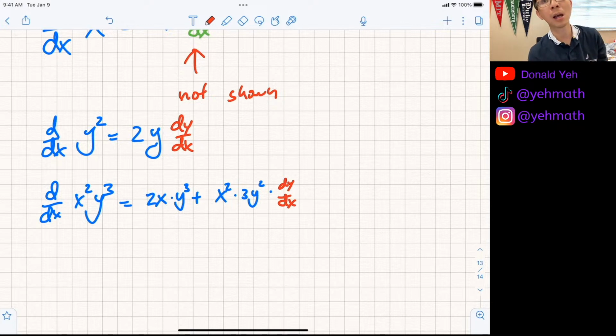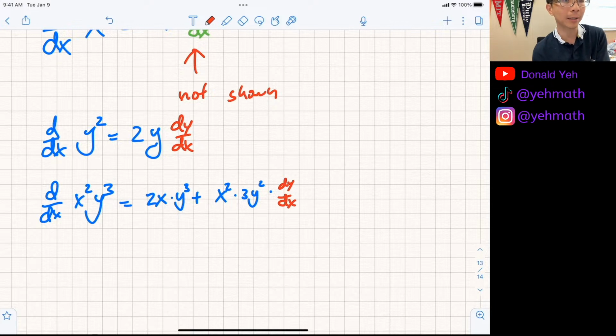What do you mean by respect to x? You've got to speak up. What do you mean by respect to x when you say d/dx? D/dx means I'm taking the derivative with respect to x of the expression x squared y to the third. The action is that I'm taking the derivative.